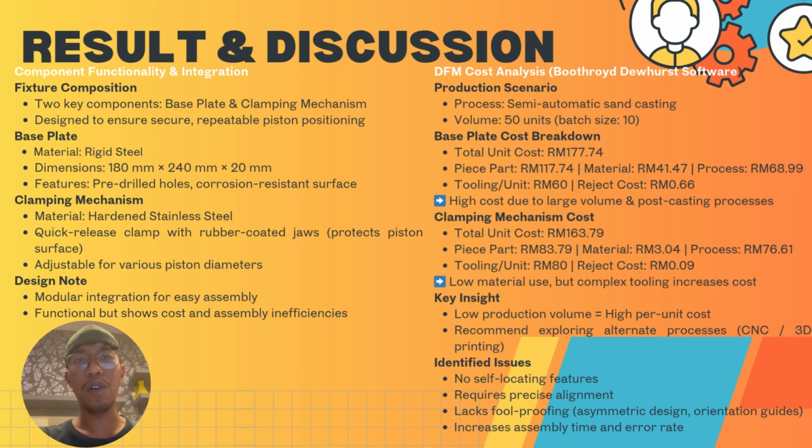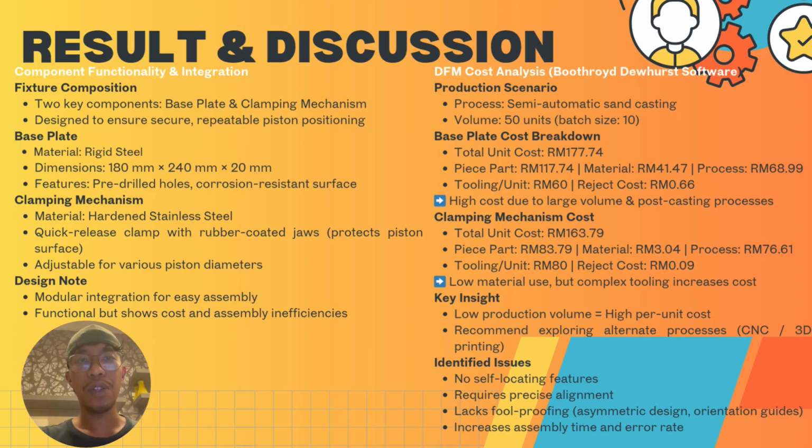For the whole process, we use 68.99. So for the tooling per unit, the cost is 60 ringgit, and for the reject cost is 9 cents.